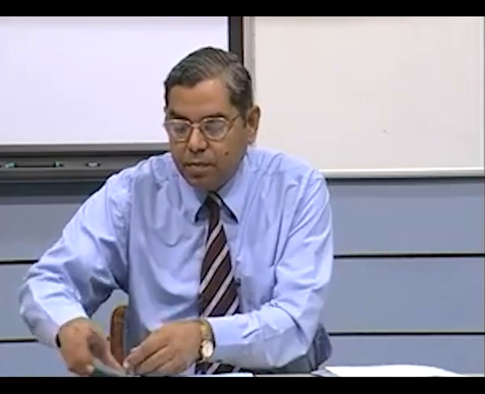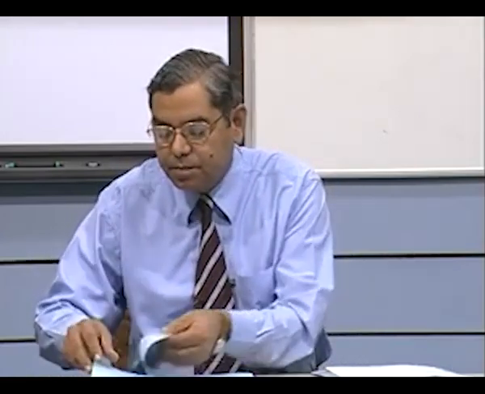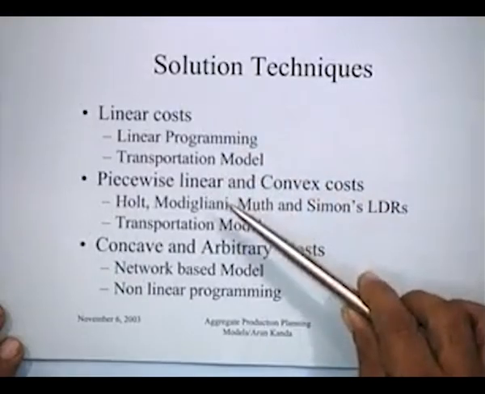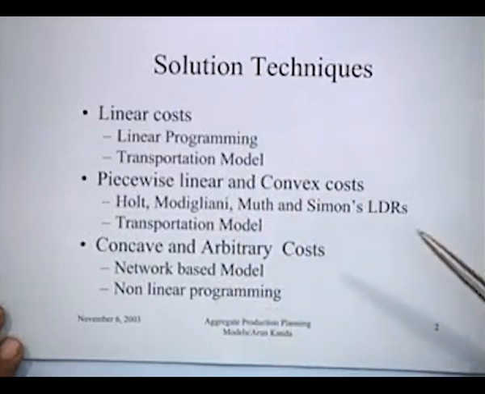Today we look at some modeling approaches to the problem of aggregate production planning and see how the best production plan can be determined in various circumstances. Broadly speaking, we will look at these various solution techniques in today's lecture.